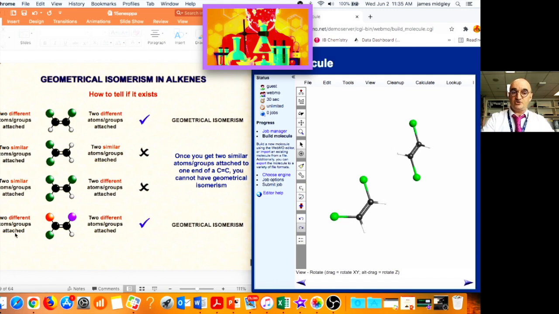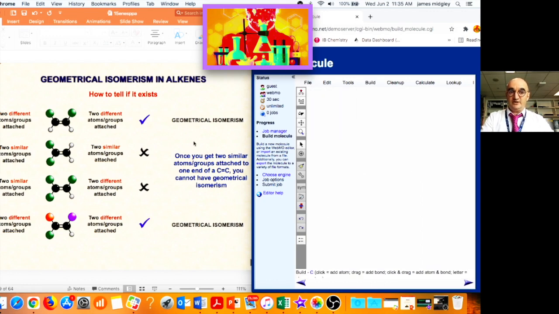And then two different atoms or groups attached, all different here, well, yes, you can, because the connectivity will be different. It will depend on the electronegativity values of each of these, how that will manifest itself in physical properties. So, to get geometrical isomerism, we need to have two different groups attached at either end, and they can be identical or non-identical, as long as they're not repeated or duplicated on the same end.